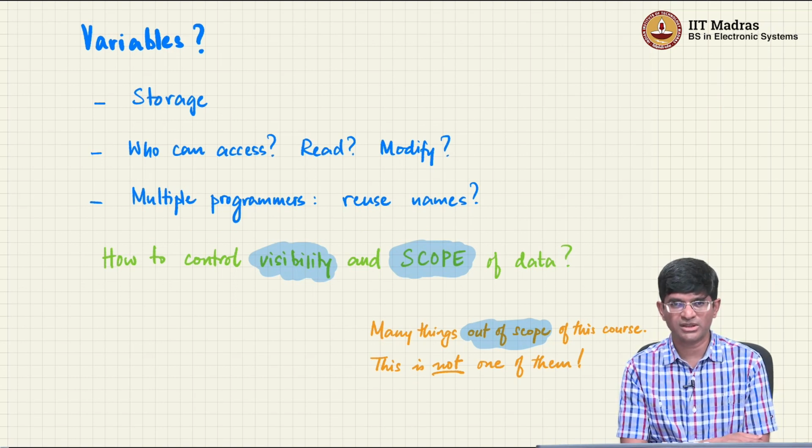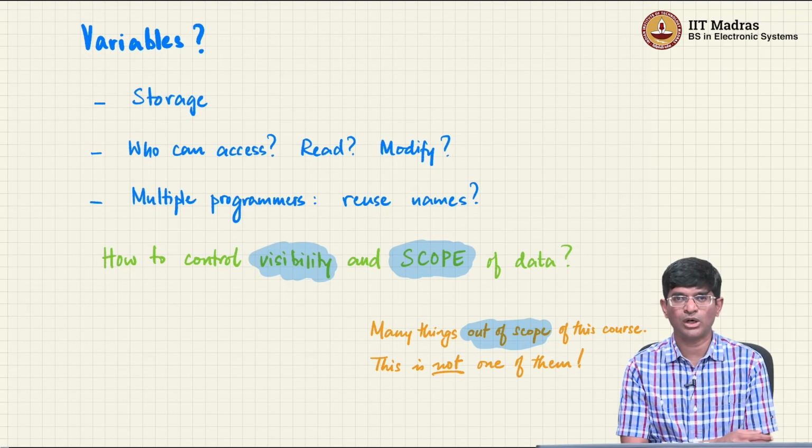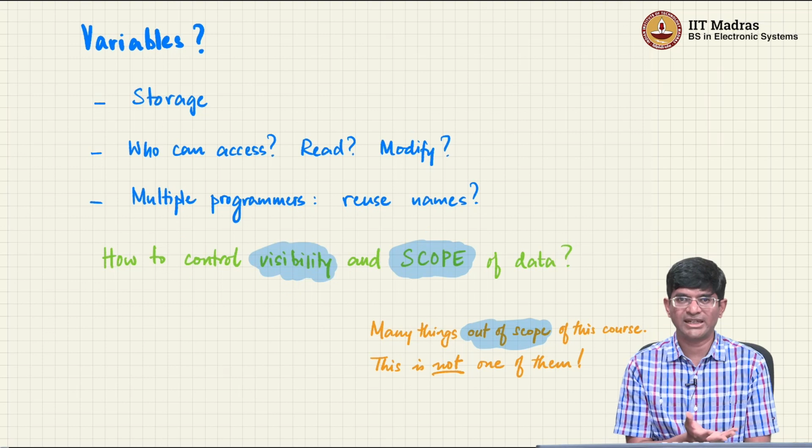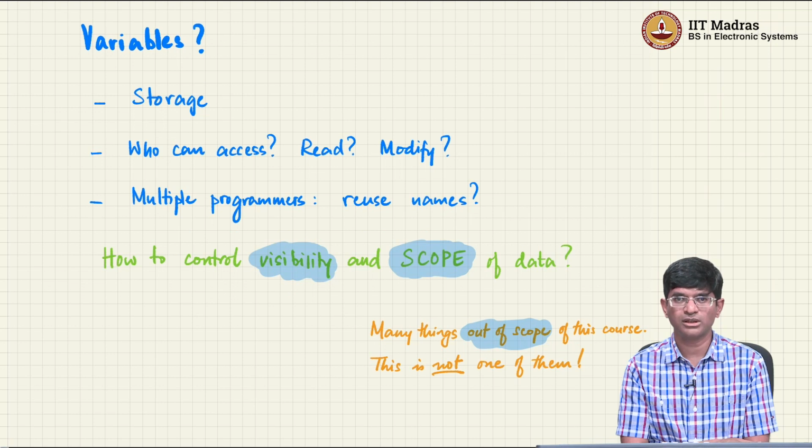You are probably familiar with this concept of something being out of scope, right, and there are many things in fact that are out of scope of this course. This is not one of them, right. So out of scope, as you can imagine, basically means it is not something that we can address in this particular course. In the same way, in the context of a block of code, saying that something is out of scope means that that particular block of code cannot even see that particular variable, cannot read it, cannot modify it, right.